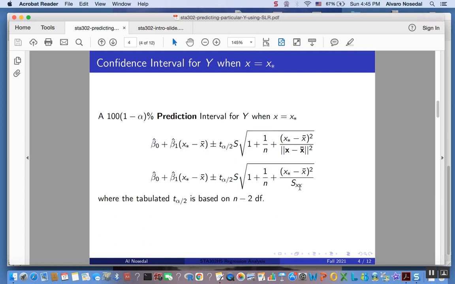Summarizing, we see why this expression makes sense.